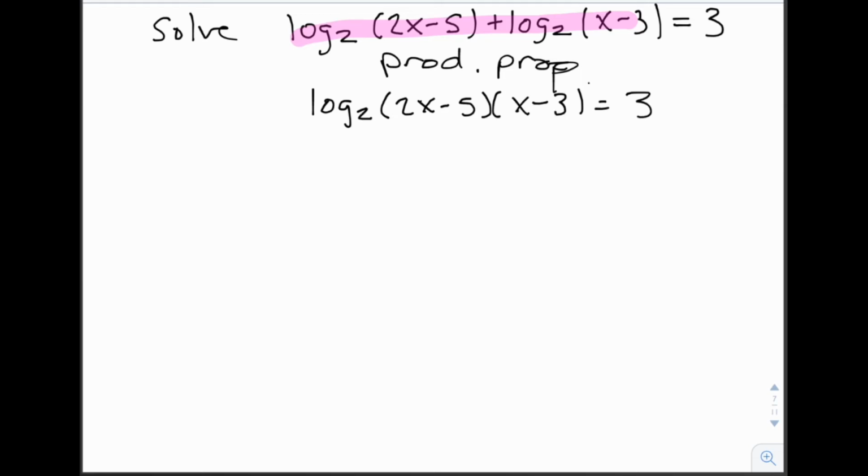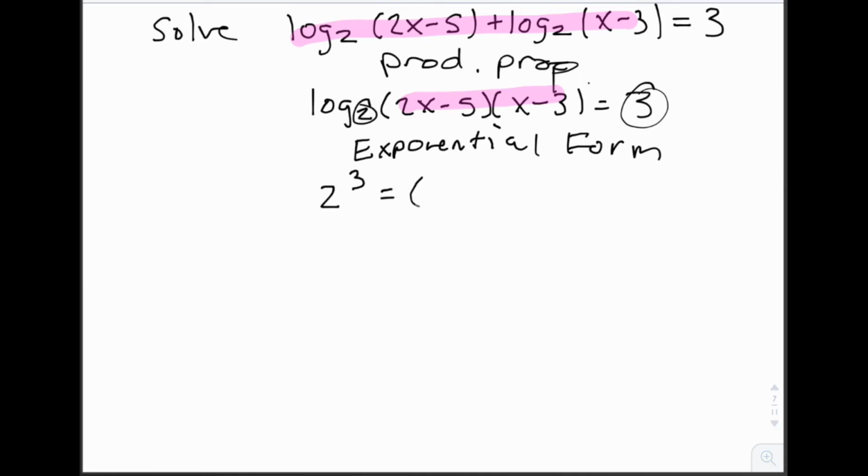So let's go ahead and rewrite in exponential form now. In our exponential form, we have a base of 2, an exponent of 3, and it's going to be equal to this 2x minus 5 times the x minus 3. So all we need to do now is multiply our right hand side out.